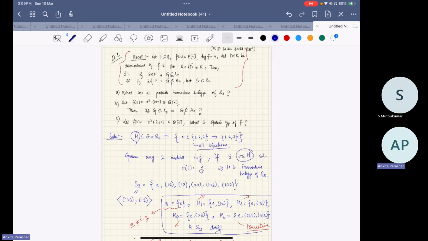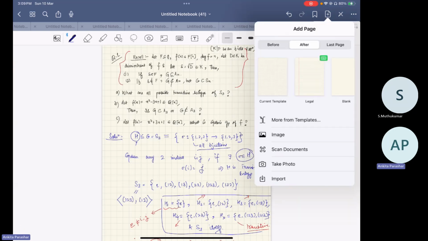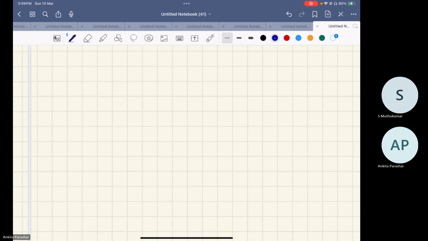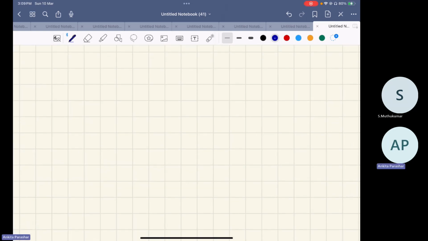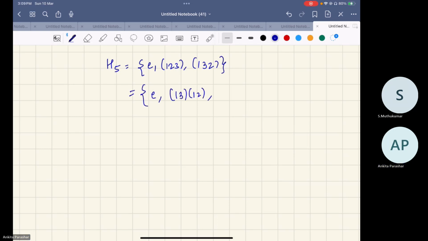I'm saying that this H5 is some group which we, just like S3, have a name for. S3 is the group of order 6. Same thing, we have H5, which is e, (123), (132). You can write it as e, (1312), (1213). And if you realize these are even permutations, so this is a group of even permutations.